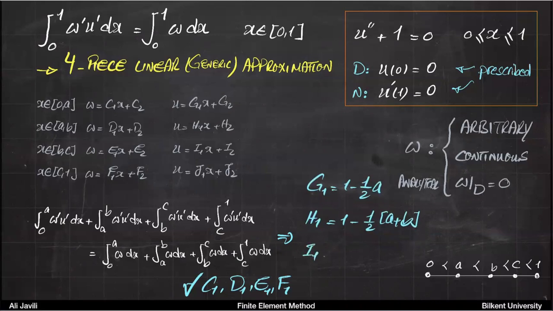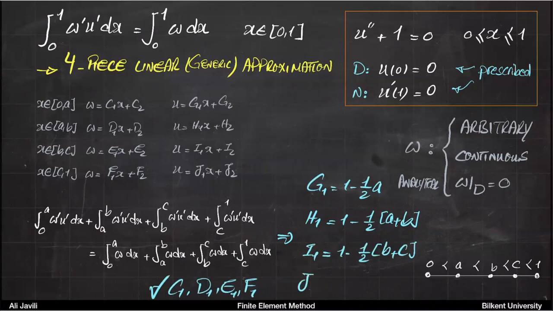I1 is 1 minus 1 over 2 B plus C. And eventually the last one, J1 is 1 minus 1 over 2 C plus 1.